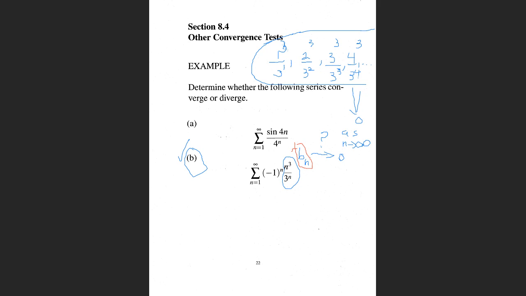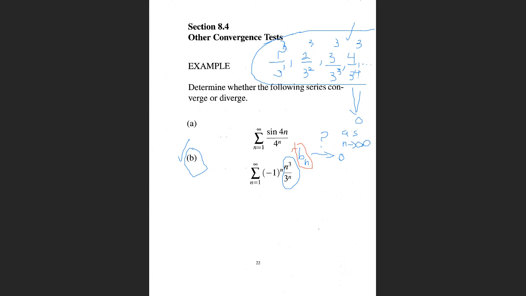Is it obvious that this sequence of terms here approaches 0? Yeah, it's not really obvious. That's right, Tina, Kahindi.